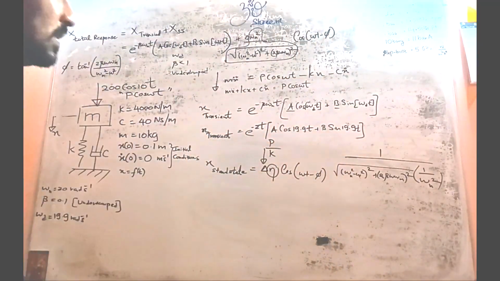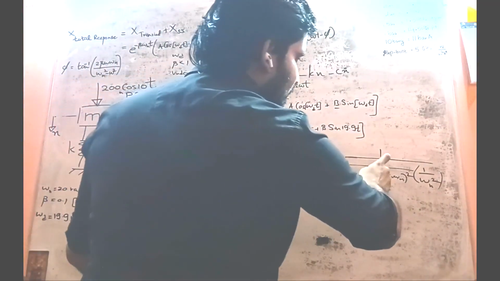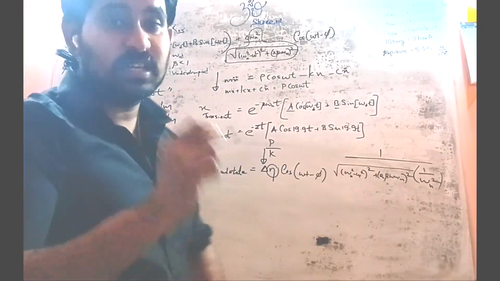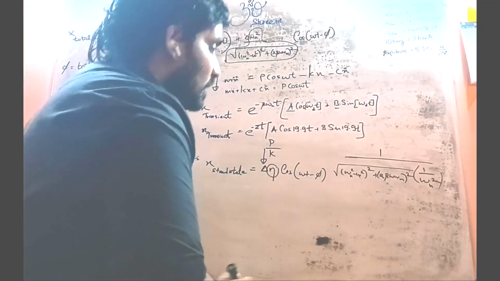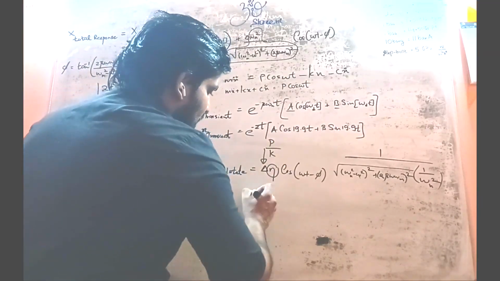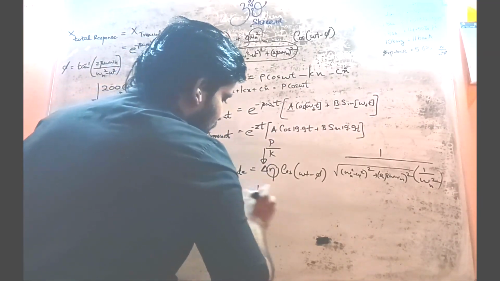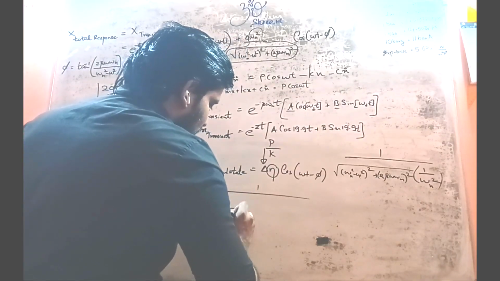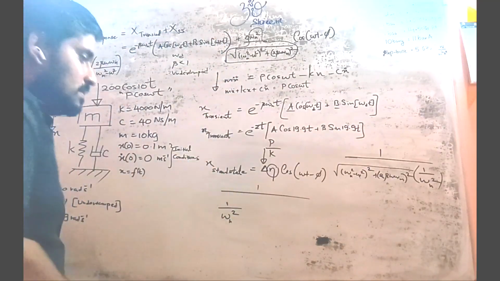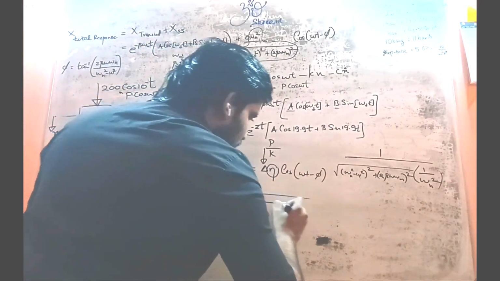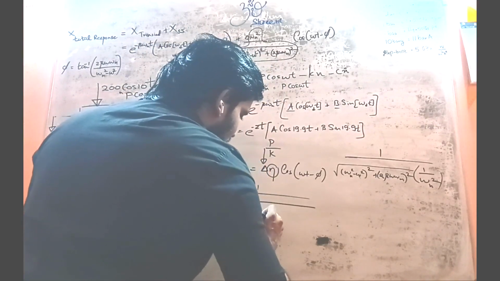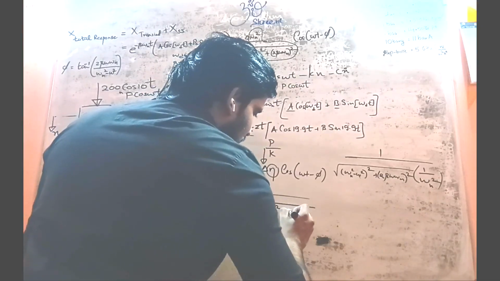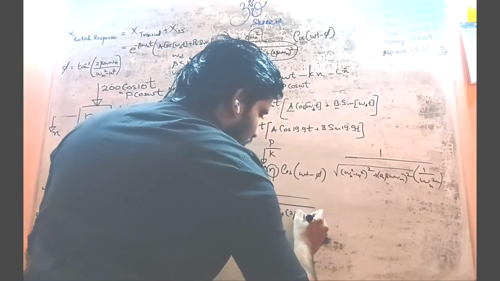Now just consider this part, because I want to teach you how I obtained this eta, which is the dynamic magnification. Let's consider this part. We have 1 over omega n whole thing squared here, and the square root of omega n squared minus omega squared whole thing squared plus 2 beta omega omega n whole thing squared.